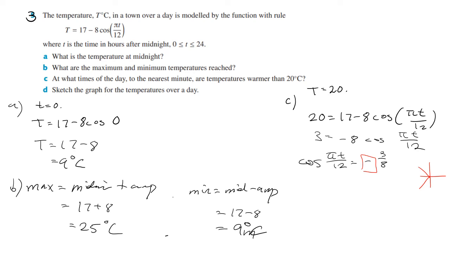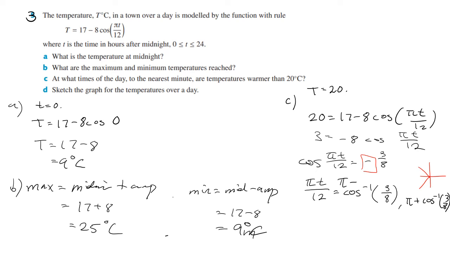Okay, so that means pi T on 12 is equal to cos inverse of 3 over 8. Oh wait, though, so it's pi T over 12 is equal to pi minus cos inverse of 3 over 8, and pi plus cos inverse of 3 over 8.